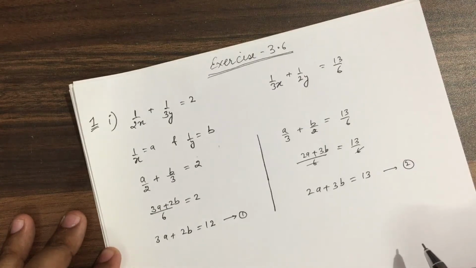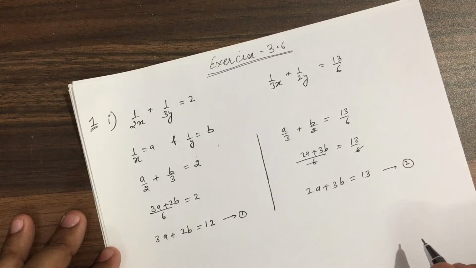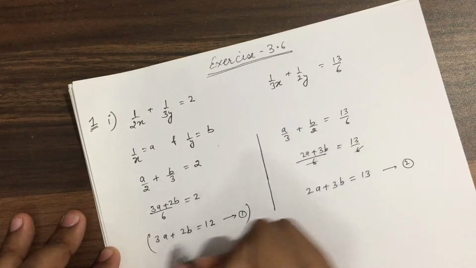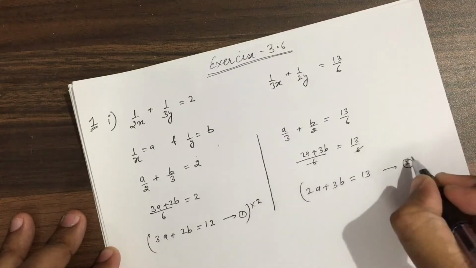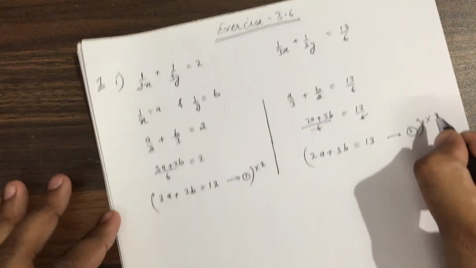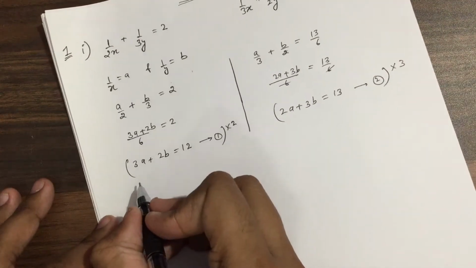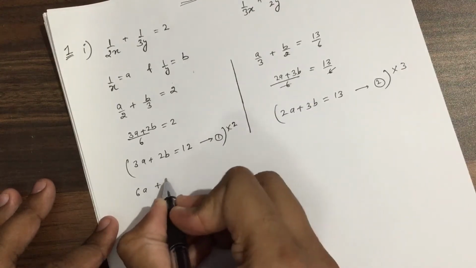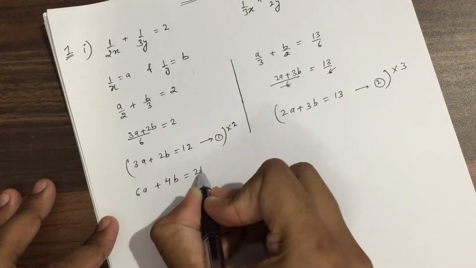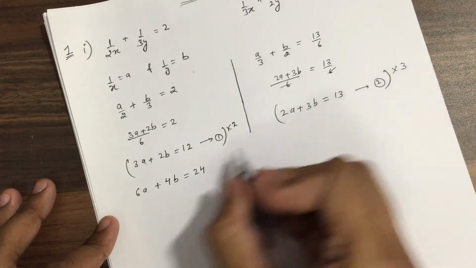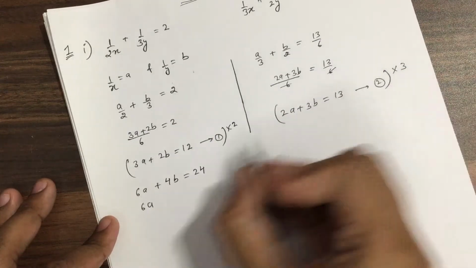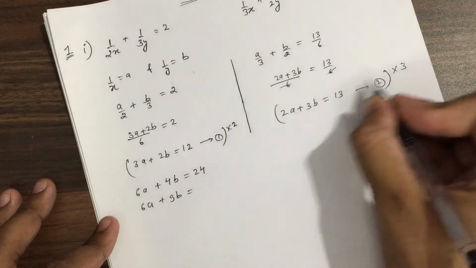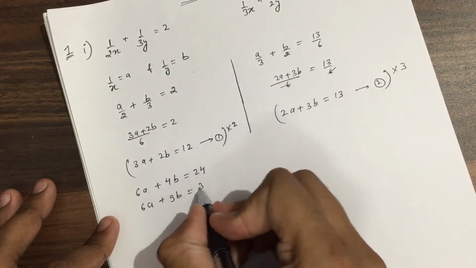Now what you have to do is eliminate one variable. Suppose we want to eliminate a. We will make the coefficient of a the same, so we will multiply the first equation with 2 and the second equation with 3. This will give 6a plus 4b equal to 24, and this will give 6a plus 3 into 3, 9b, equal to 13 into 3, which is 39.